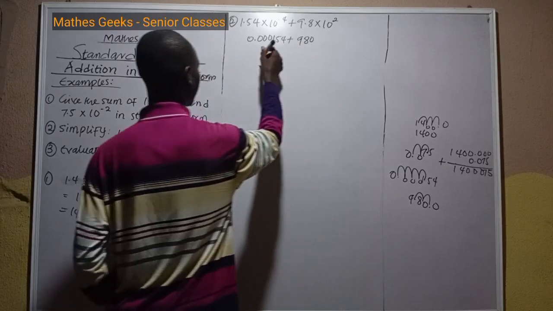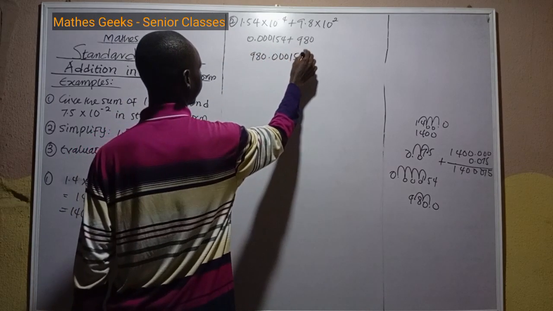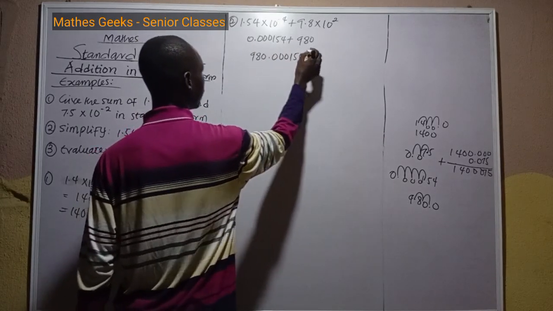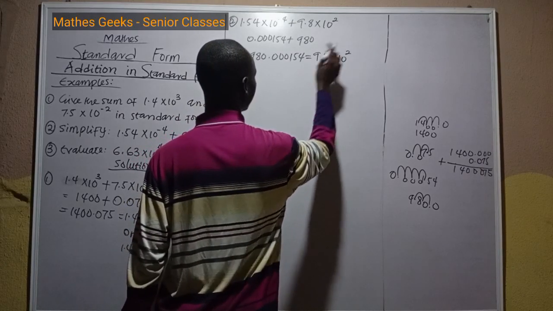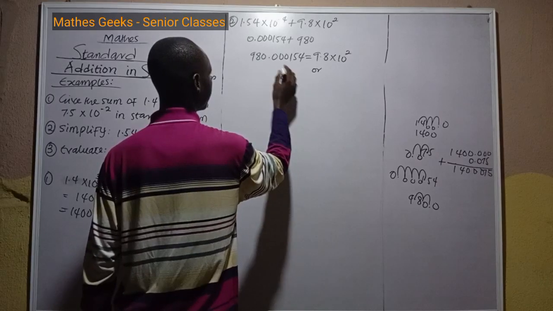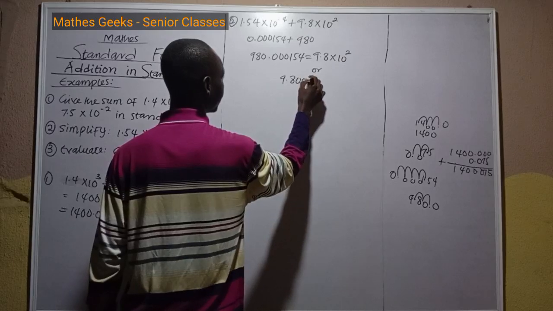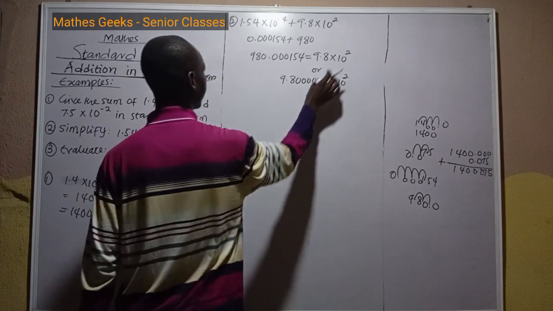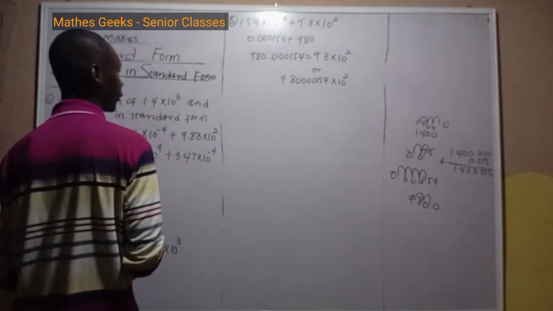So when you add, you're going to have 980.000154. Converting to standard form, you're going to have 9.8 times 10 raised to the power 2, or you can write 9.80000154 times 10 raised to the power 2. Either of them is correct, but I think the first is preferable in most cases.